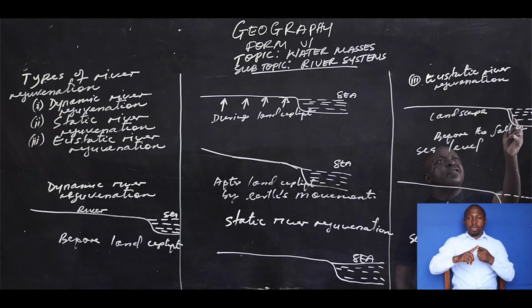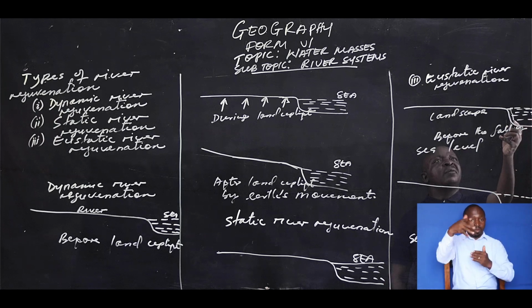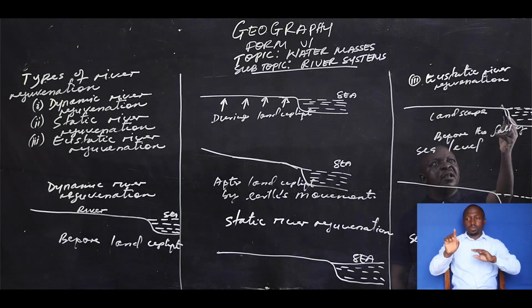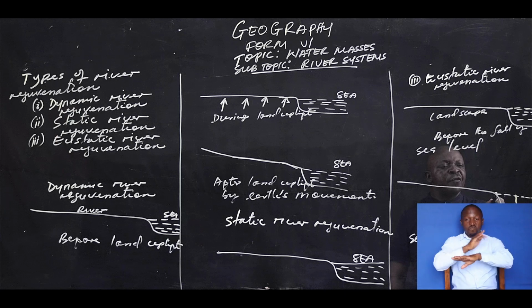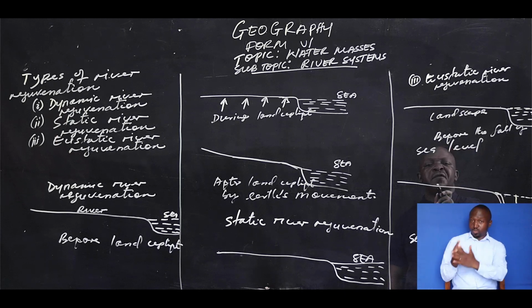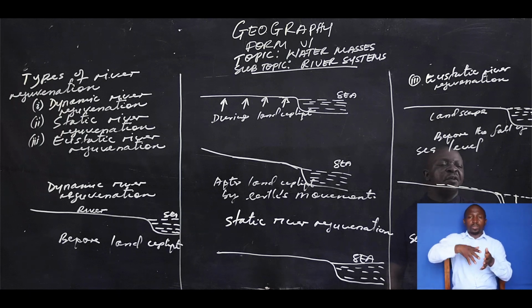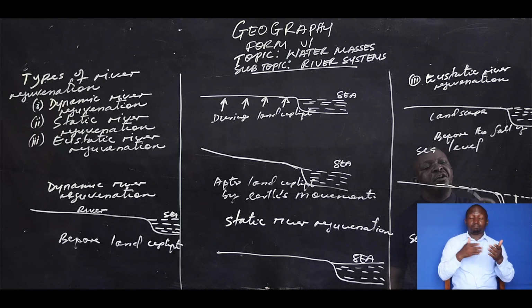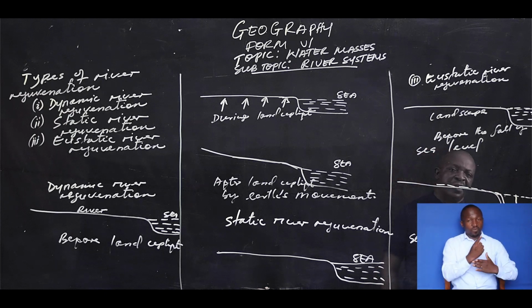Look here, the level of water in the sea is almost the same as that in the river. Now, if sea level falls, there is some sort of gap created. This influences water in the river system to flow at high speed. As water flows at high speed, erosive power is renewed, and that is what we call river rejuvenation.